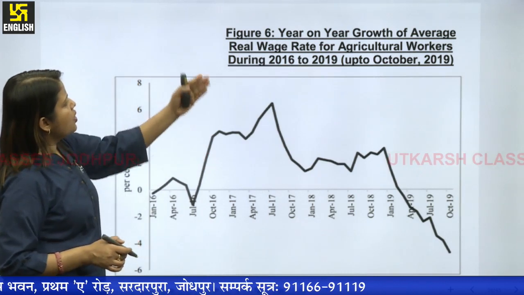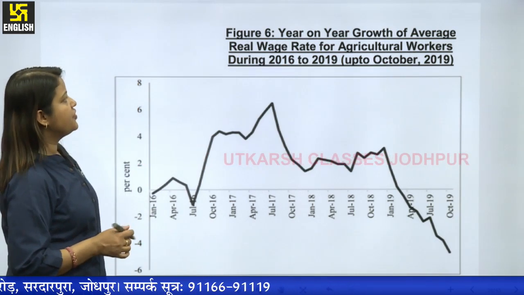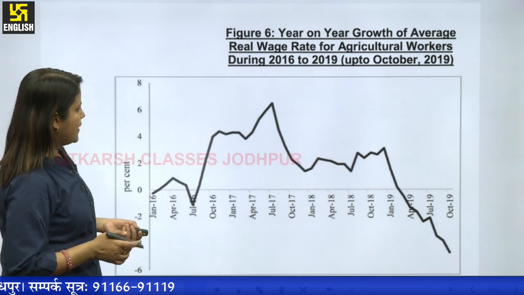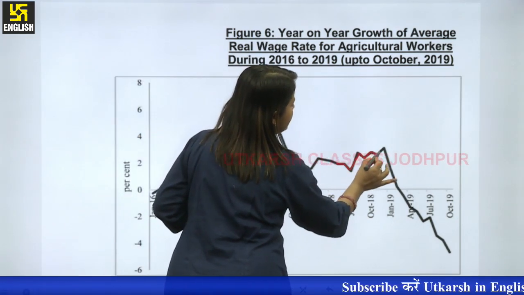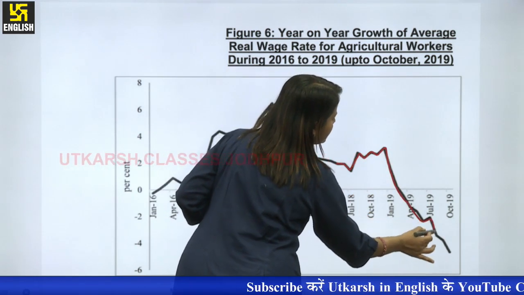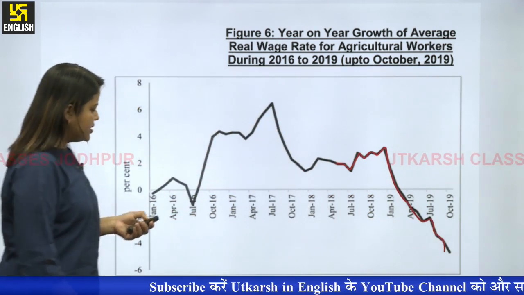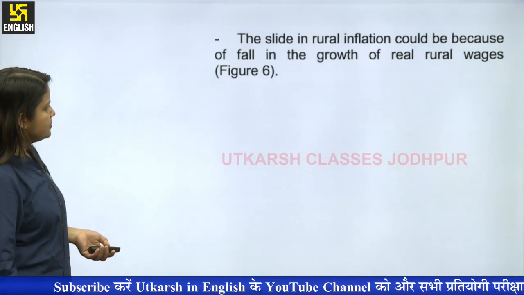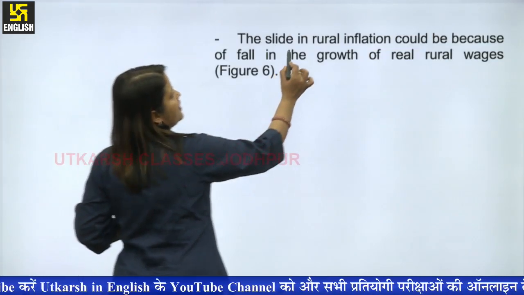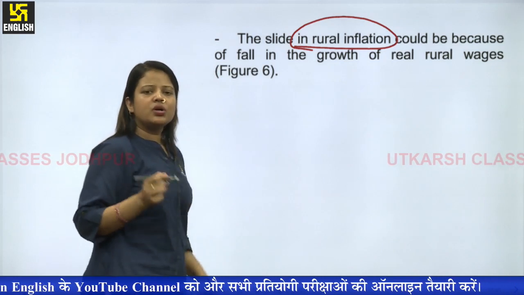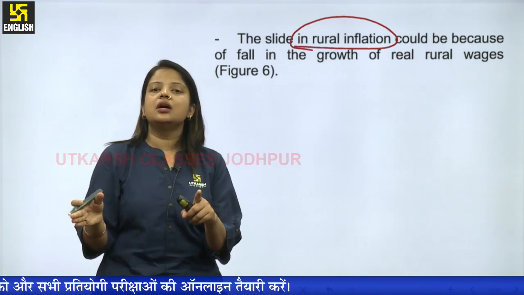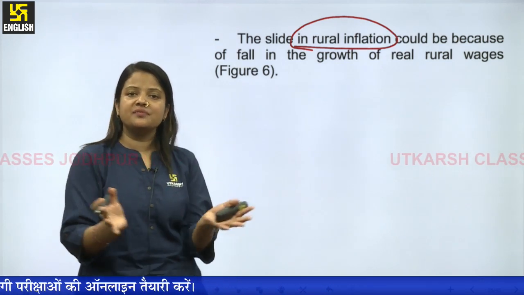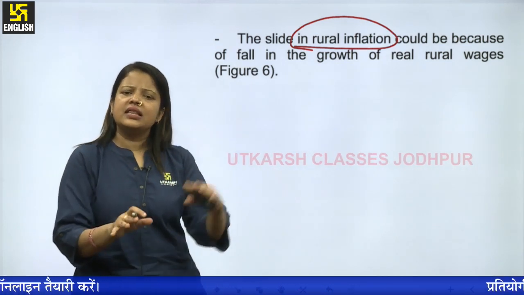Okay, year on year growth of average real wage rate for agriculture worker. Okay, this is the rate of agriculture worker. We can see that the rate of agriculture worker went down, and because of that, the slide in rural inflation. What is there is price divergence between the rural area and the urban area. The price of food items in the rural area is lesser than the urban area.